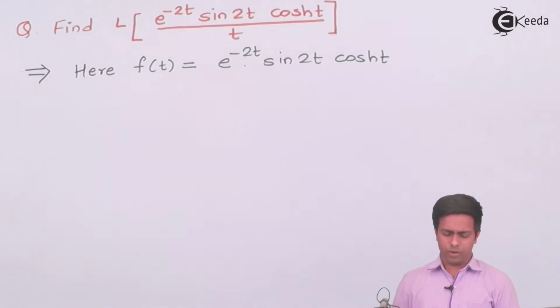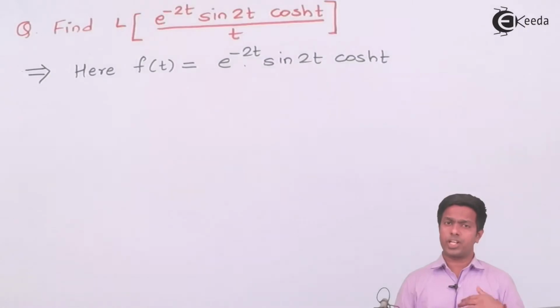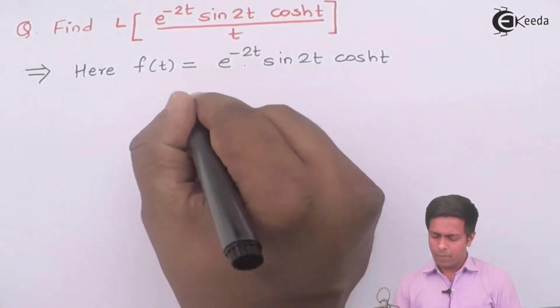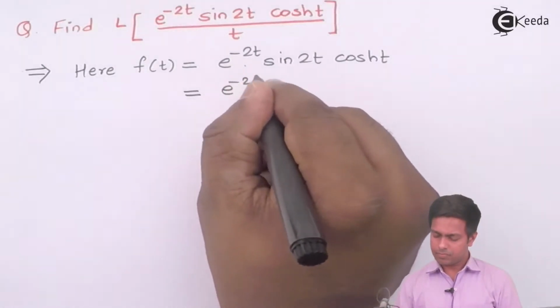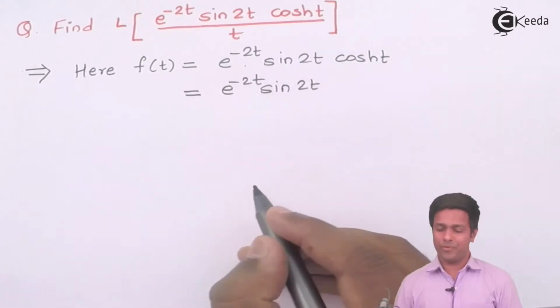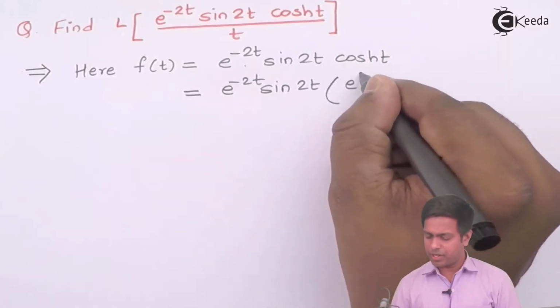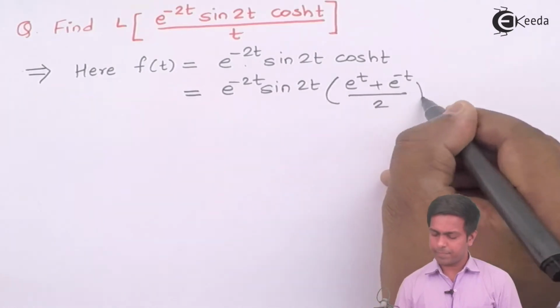So guys, for that I convert this hyperbolic cos t into exponential form. By Euler's formula, this hyperbolic cos t will give us e to the power t plus e to the power minus t upon 2.